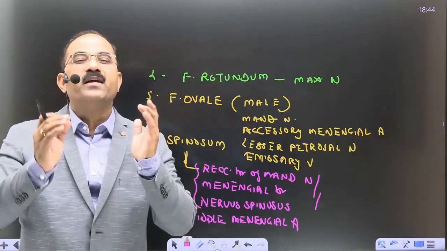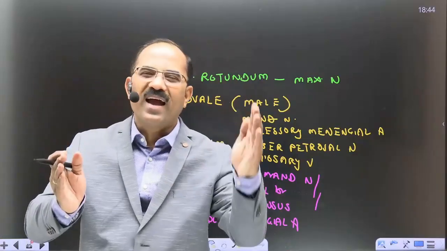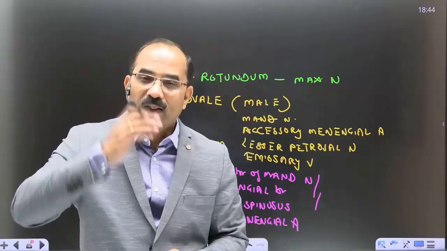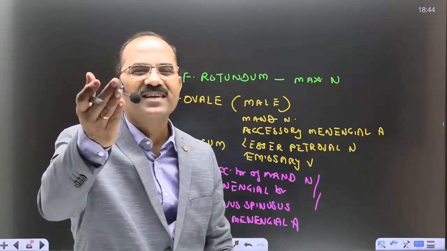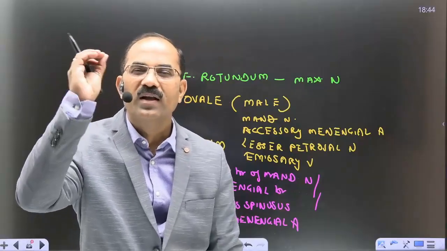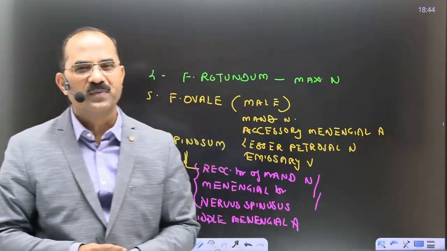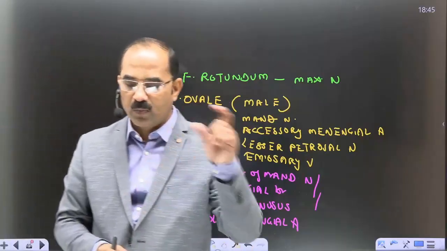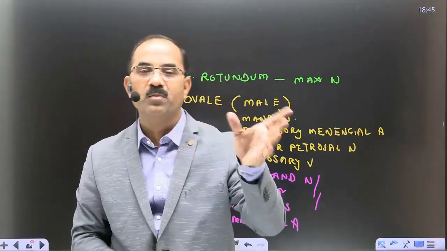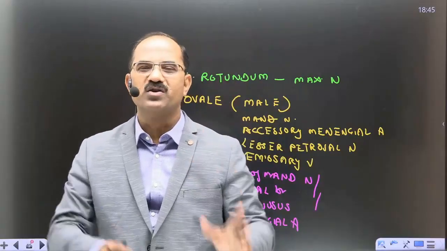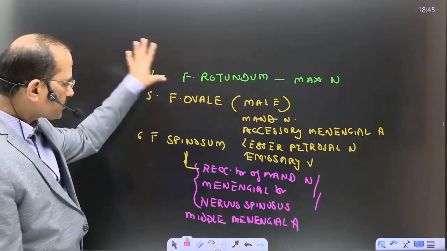So this bleeding is going to be between the skull and the dura mater. We call this hemorrhage extradural hemorrhage. So the hemorrhage is going to be the extradural hemorrhage. Remember that. Fine, perfect. Clear with this?